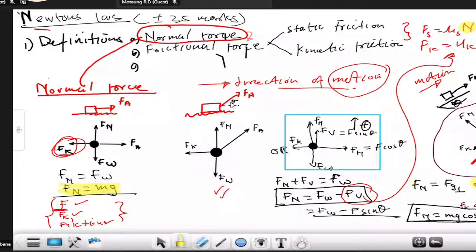Okay, let me make it easy to follow. For diagram A, they're moving horizontally. For diagram B, they're also moving horizontally. And then for C, they are moving up the slope. Hence, I did indicate the direction of motion.